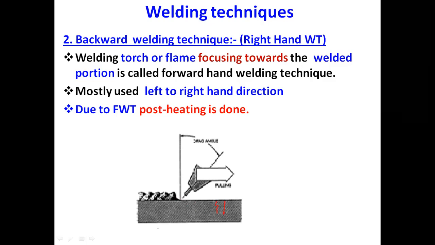Cavities are a welding defect. Apart from these, there are also many other defects like solid inclusions, incomplete fusion, improper shape of contour, and excessive spatter. These are some of the defects in welding.